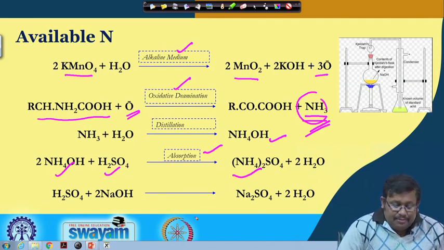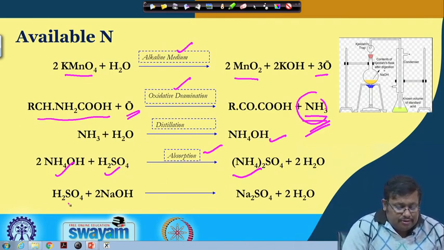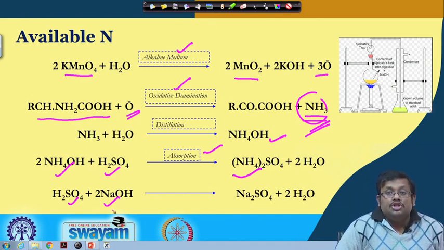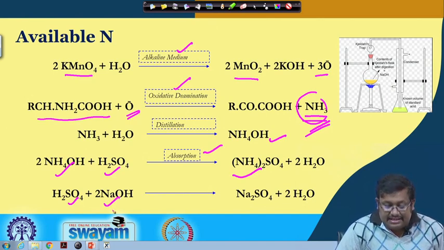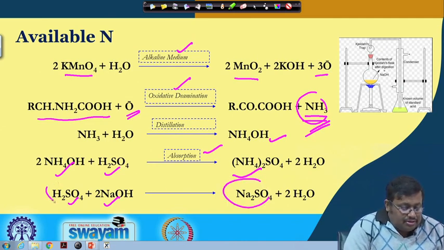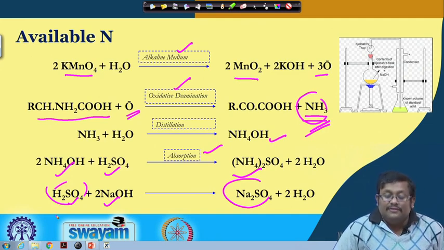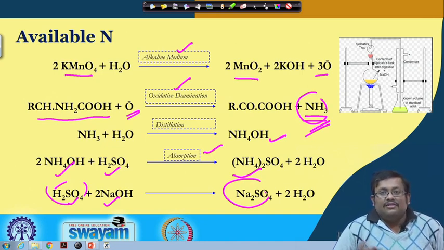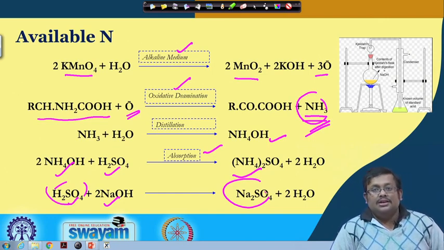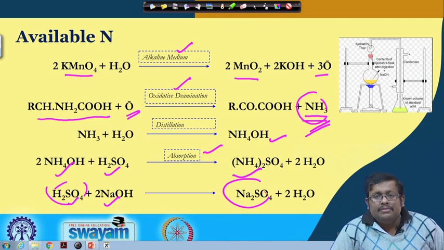In the final step, the unused H2SO4 will be titrated against sodium hydroxide, which is a standard alkali, to calculate the amount of unused H2SO4. From that we can calculate the amount of used H2SO4, then the amount of ammonia evolved, and from that the available nitrogen in the soil, because we know all these by weight.